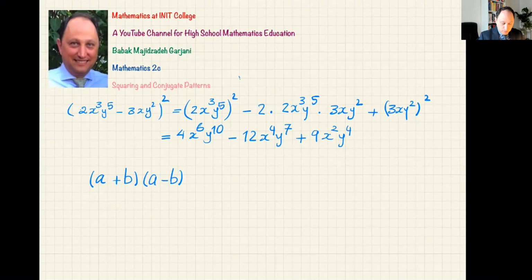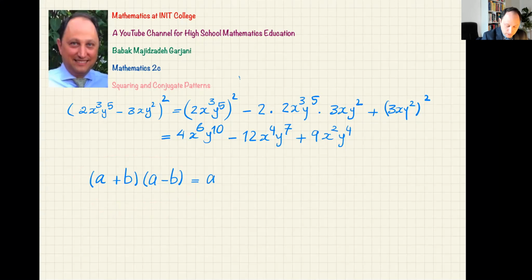So how should I understand this pattern? I have two numbers, two terms, once added, once subtracted, and then I am interested in the product of this combination. Let us calculate this. You don't need any extra knowledge to answer this because that is just a simple product. Let us do this from scratch.